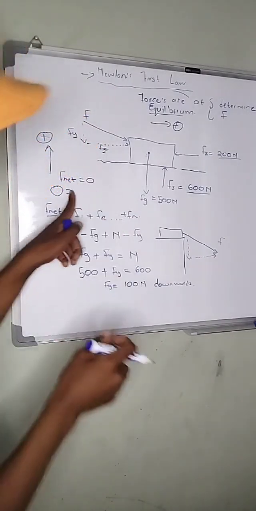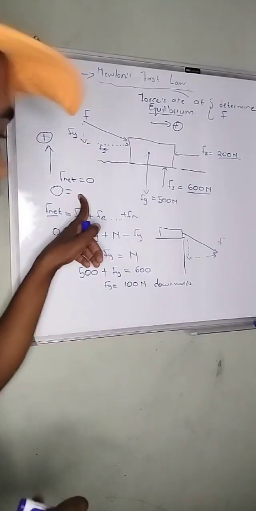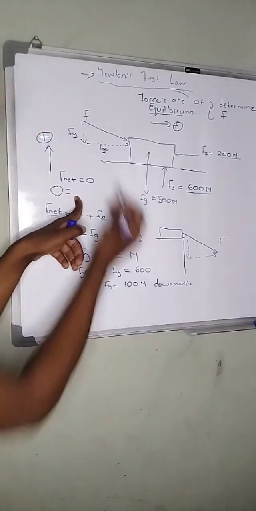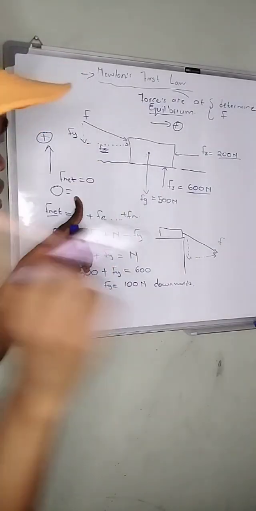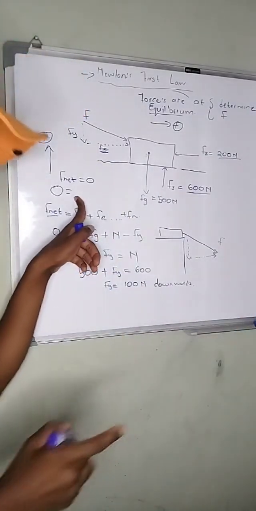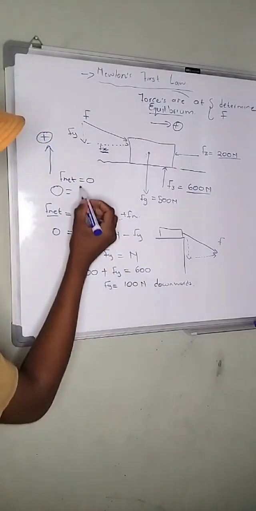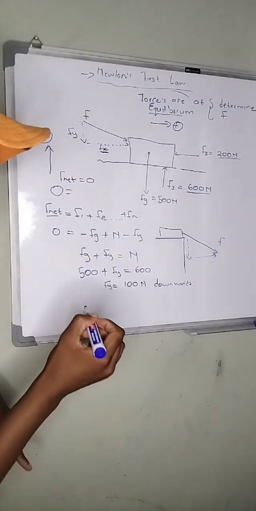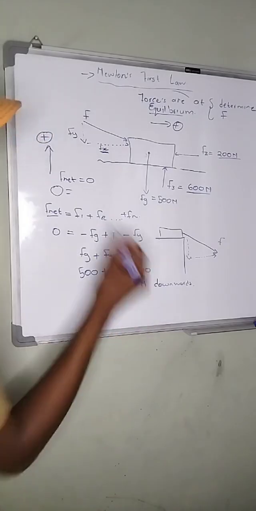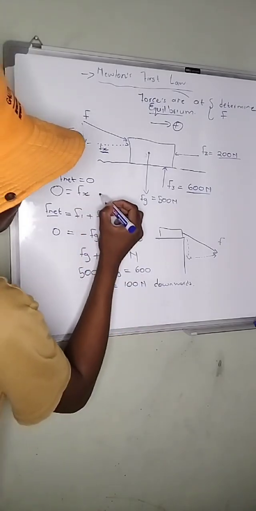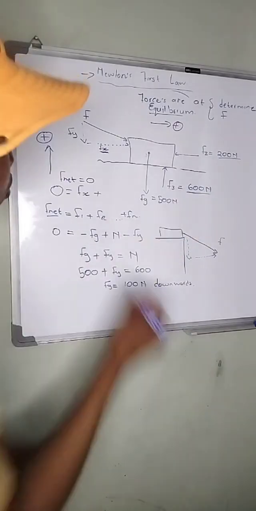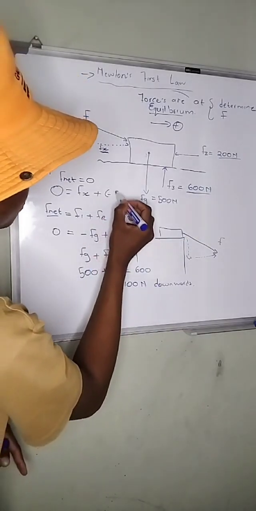Is this Fx, since you told me that it goes to the right, going to be positive or negative? It's going to be positive, plus F2, which you said is going to be negative.